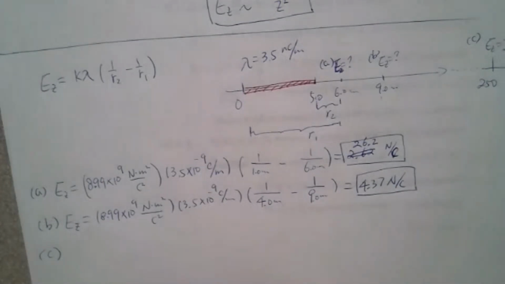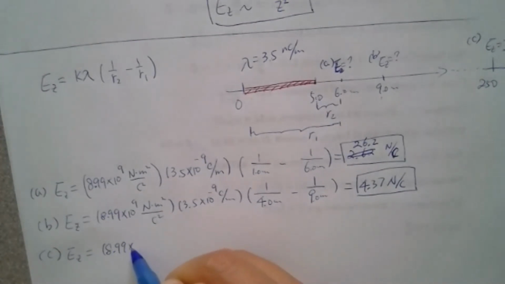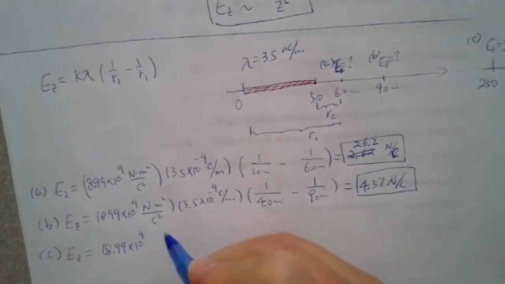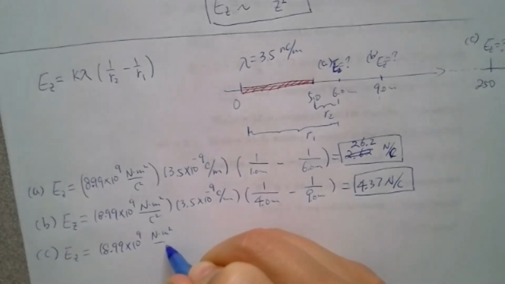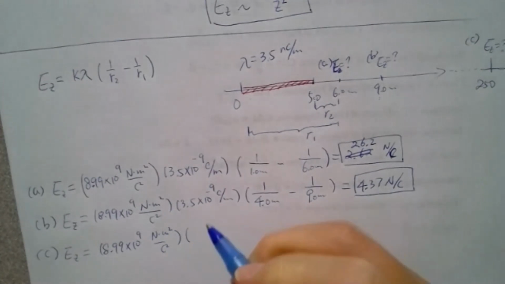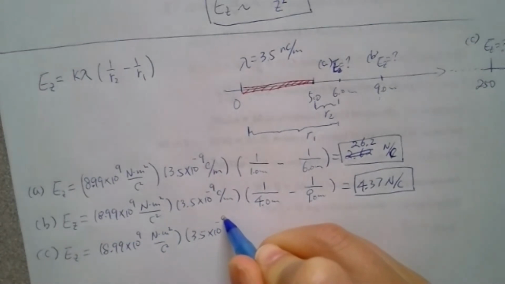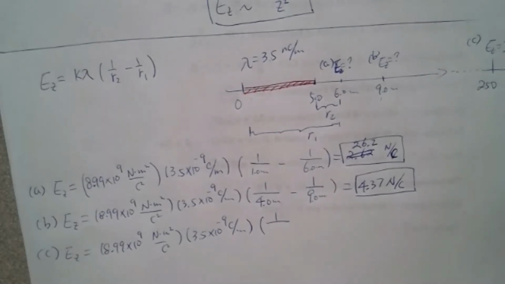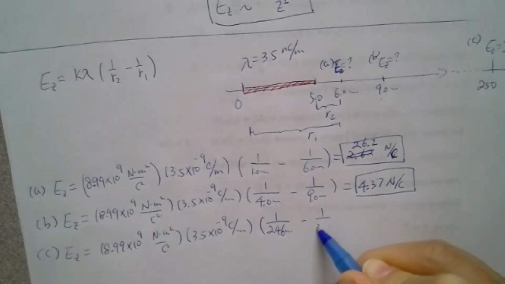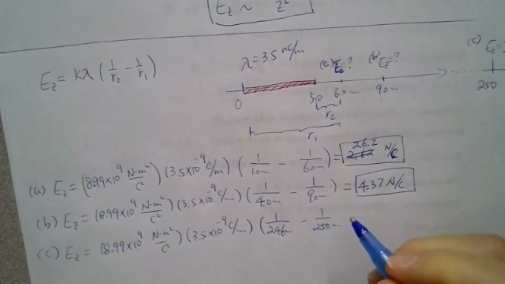Similarly for C, you can calculate E equals 8.99 times 10 to the 9th newton meter squared over coulomb squared, times 3.5 times 10 to the minus 9. Now 1 over r2, if you're at 250 meters, then r2 will be 250 minus 5, which is 245, minus 1 over 250 meters.